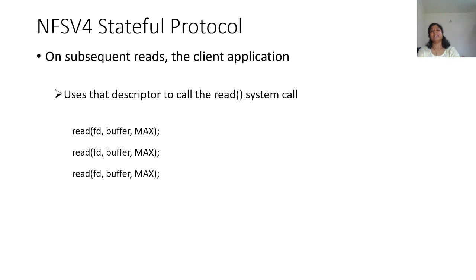Once the server provides the read access, the client can now make multiple read requests through the read system call. The read system call again has three parameters: the file descriptor, the buffer for storing the information, and the maximum limit.